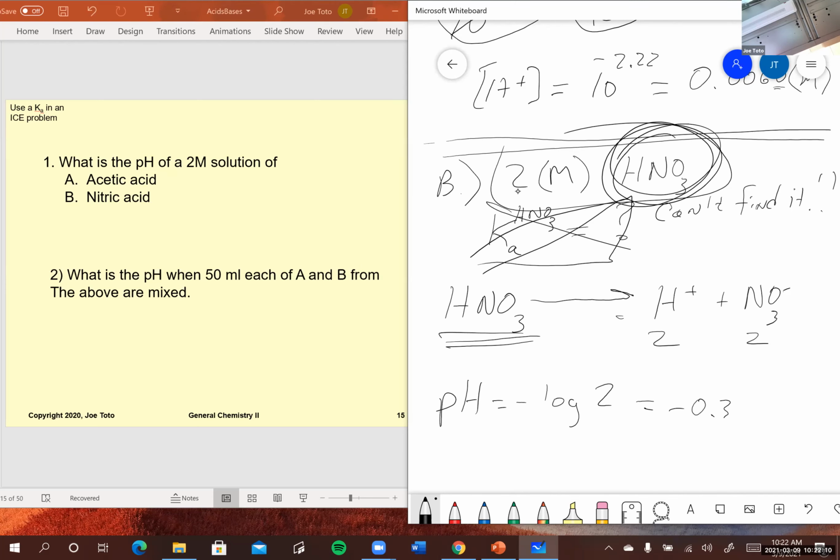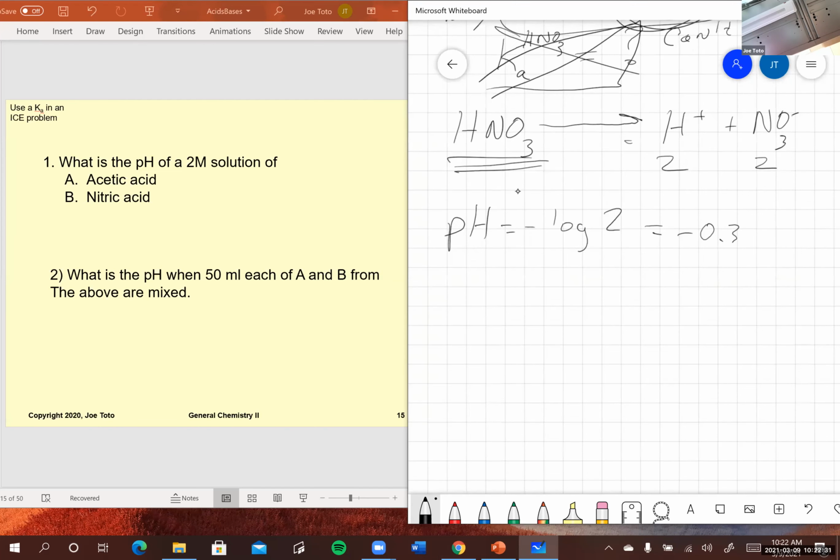Any questions on that? So you see, you don't want to fall down that rabbit hole, because if you go down the wrong path, you're going to run into problems that you're not going to be able to solve.